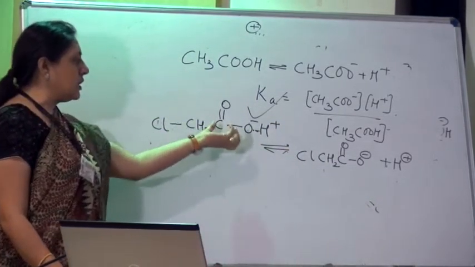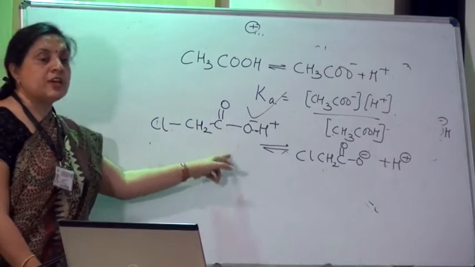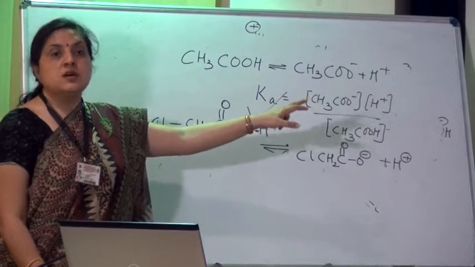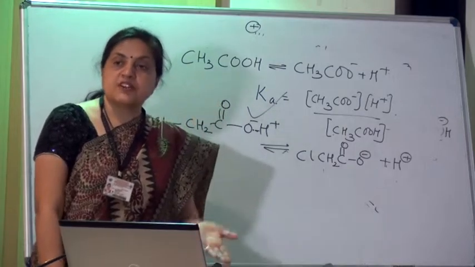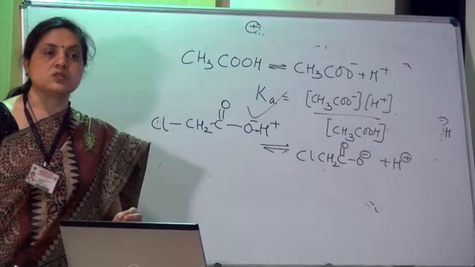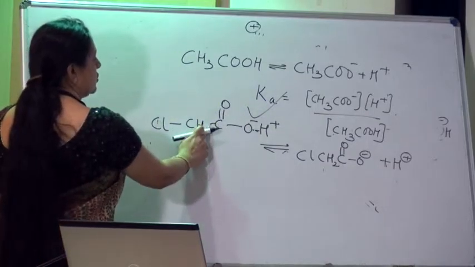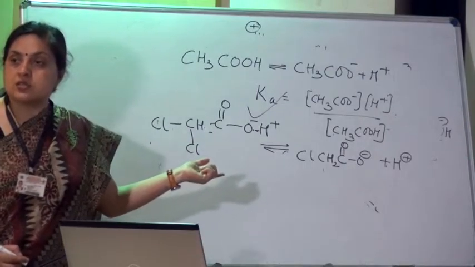The reason is the chlorine. So this substitution of chlorine makes this reaction easier, because more of this ion is being formed. Dissociation is faster and the dissociation constant also increases. Now if I substitute with another Cl, that will be a much stronger acid.